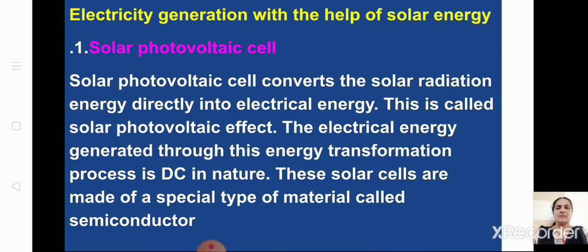For learning, that part is not there, but you have to know that the small solar cells are connected in series and parallel to get enough amount of current and potential difference.